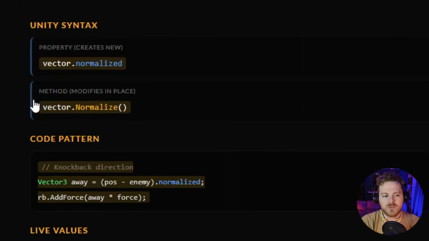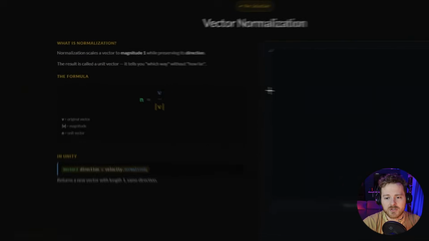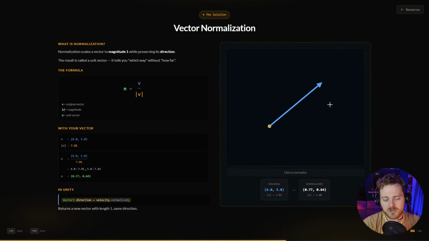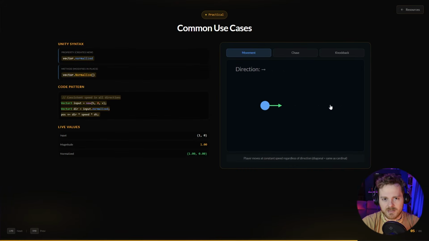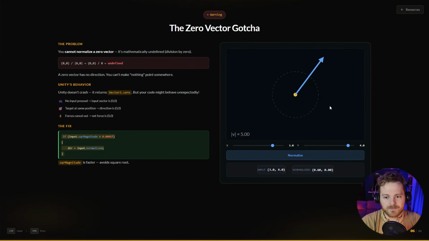However, if we use the Normalize method, that will modify the existing vector. So a vector that is much longer will become of magnitude 1 and will stay this way. You have to be careful which one you use, because for your use cases different ones may be needed or expected.